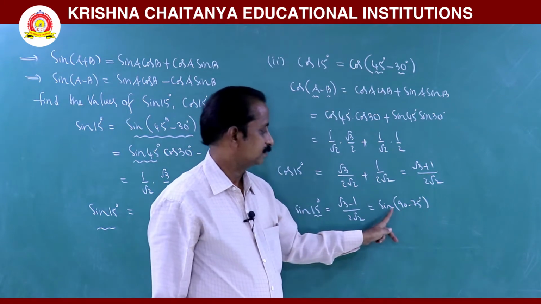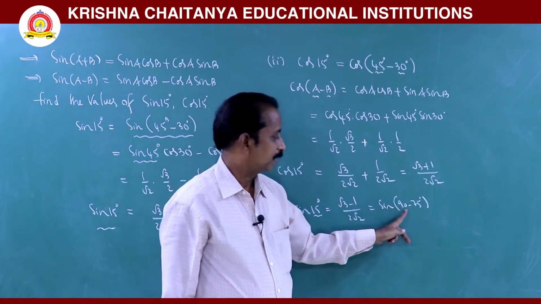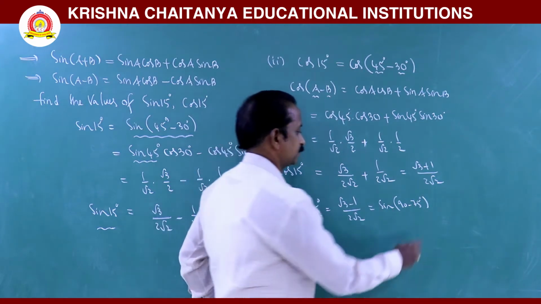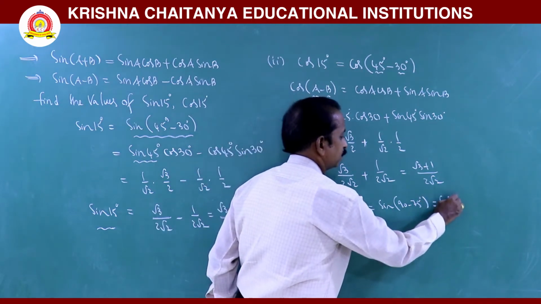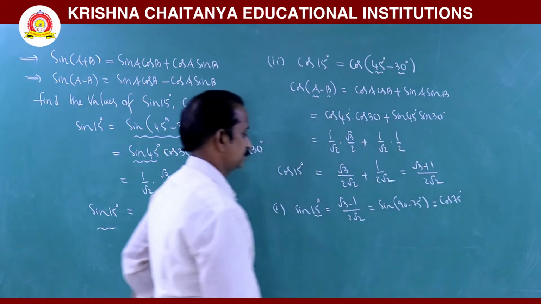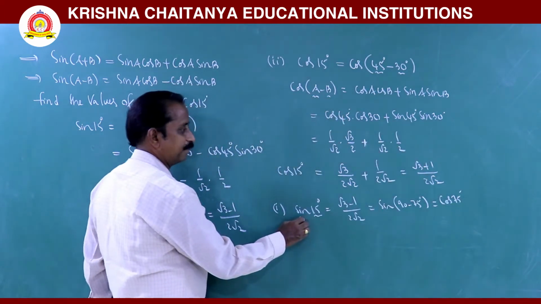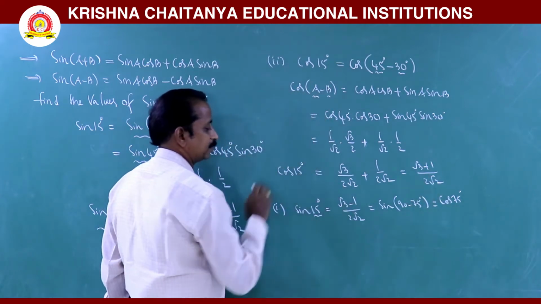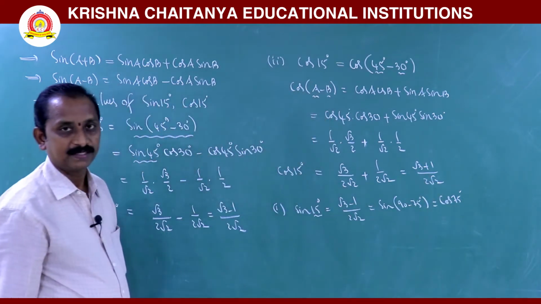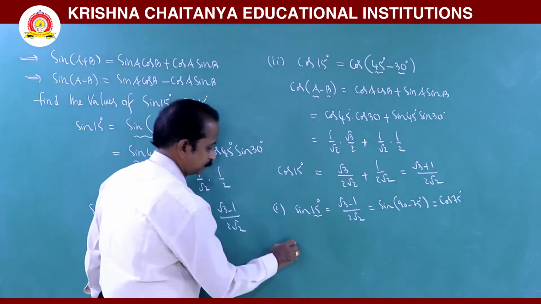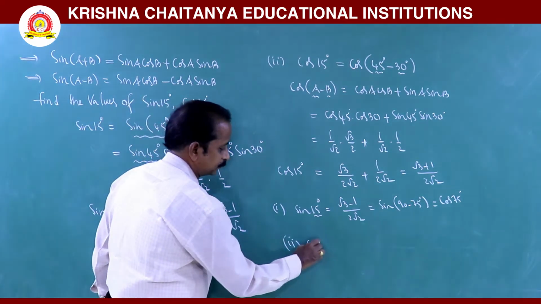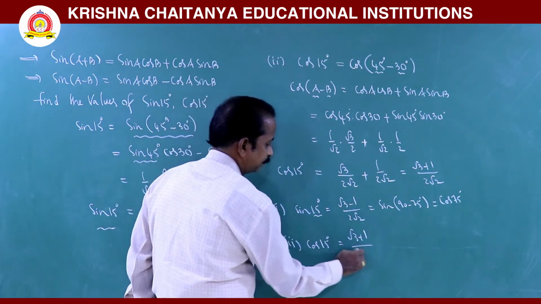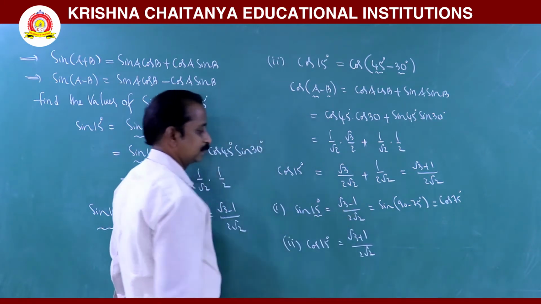First quadrant, sin is positive. At this allied angle, sin is converted to cos. So its value is cos 75 degrees. So sin 15, which is equal to cos 75, its value should be root 3 minus 1 by 2 root 2. Cos 15 value is root 3 plus 1 by 2 root 2.